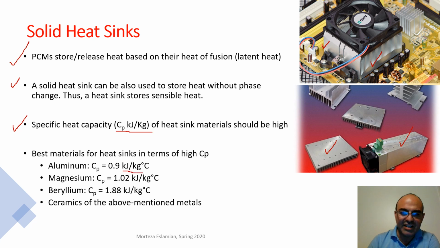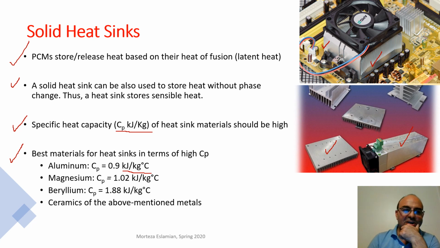So that's the definition of the specific heat: how much heat can be absorbed in 1 kilogram of aluminum when its temperature increases just 1 degree C. So base materials for heat sinks, like aluminum, are materials that have a high Cp.